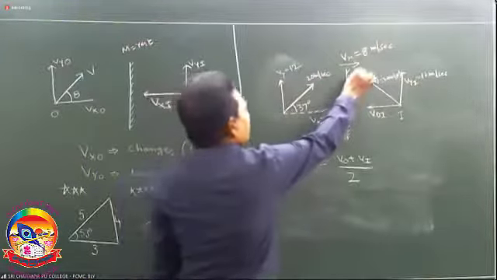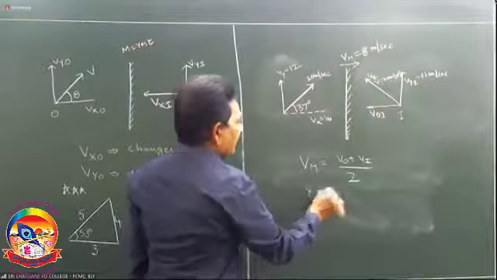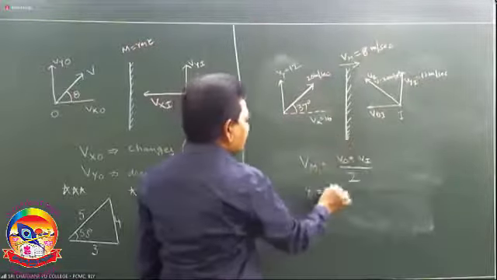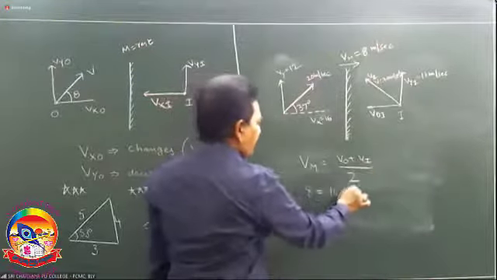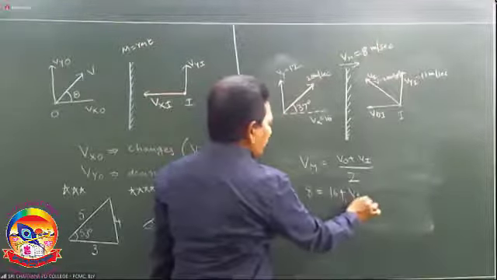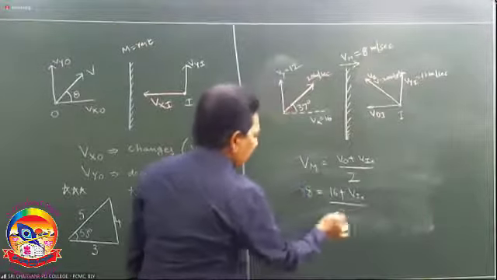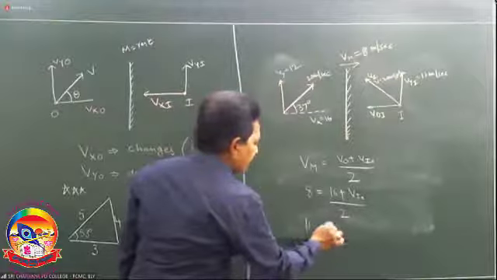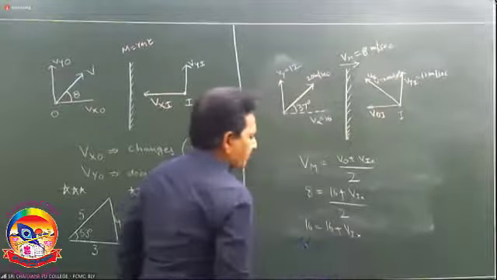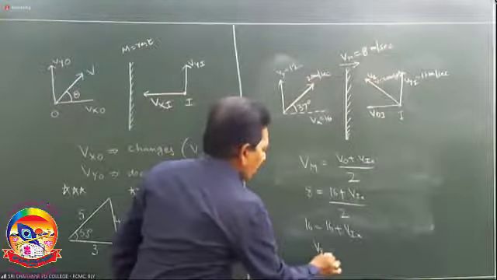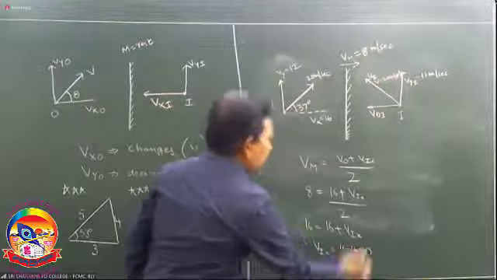Velocity of mirror towards positive x-axis, 8, is equal to velocity of object 16 plus velocity of image along the x-axis, divided by 2. 8 twos are 16, so 16 is equal to 16 plus Vi along the x-axis. So Vi along the x-axis is 16 minus 16, which is equal to 0.